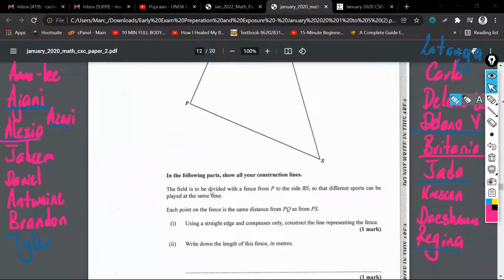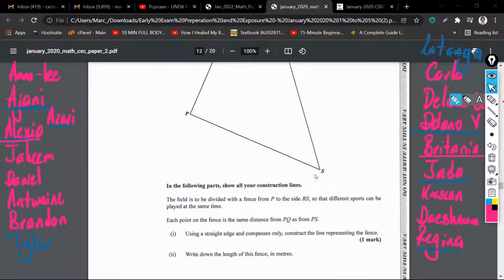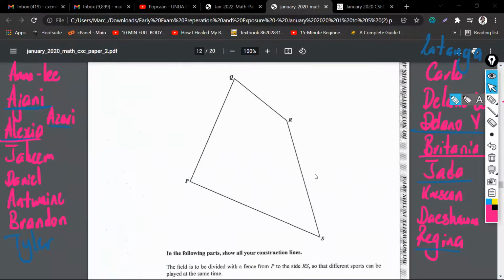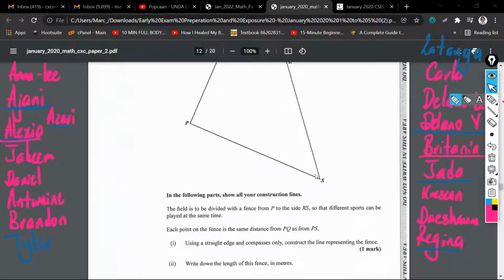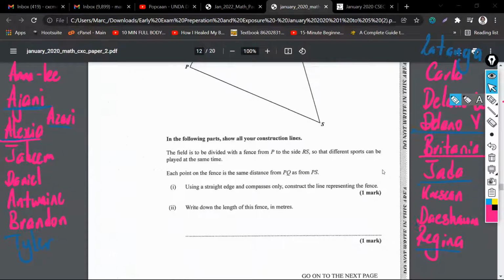The field is to be divided with a fence from P to the side RS so that different sports can be played at the same time. Each point on the fence is the same distance from PQ as from PS. Using a straight edge and compass only, construct the line representing the fence.